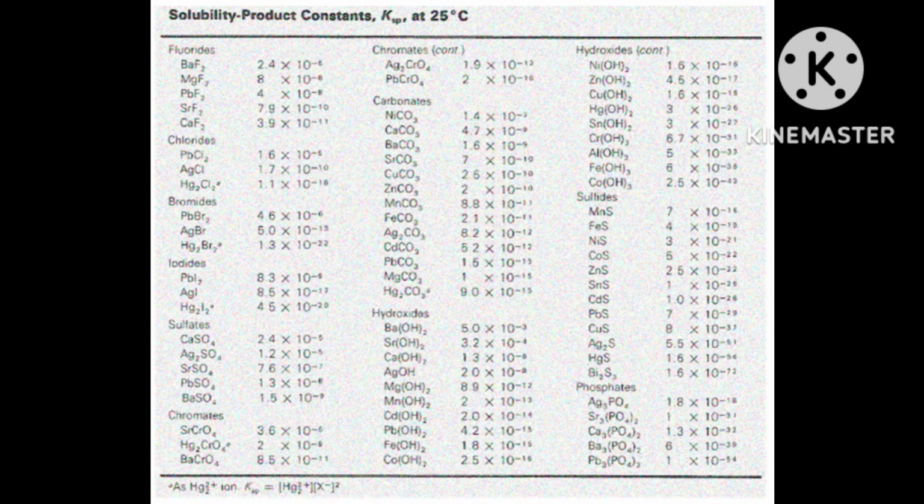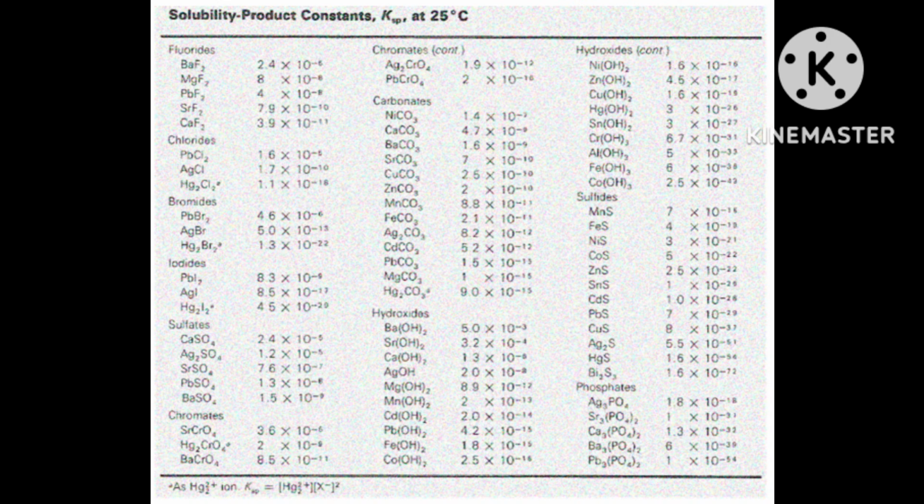So S1 square is equal to 6 into 10 to the power minus 17. Then S1 will be the square root of 6 into 10 to the power minus 17, that is equal to 7.8 into 10 to the power minus 9.